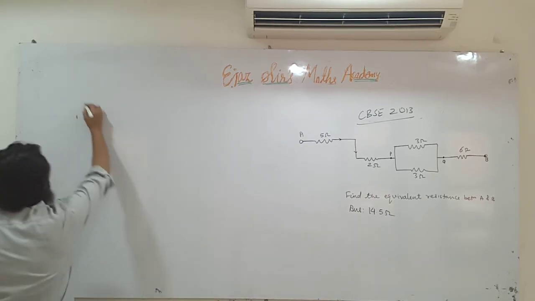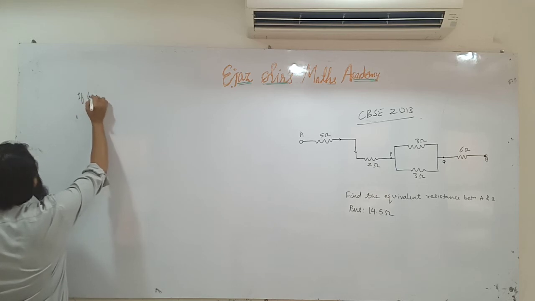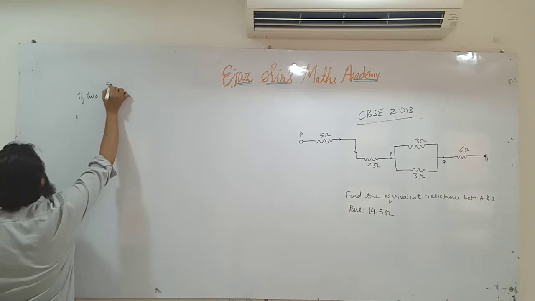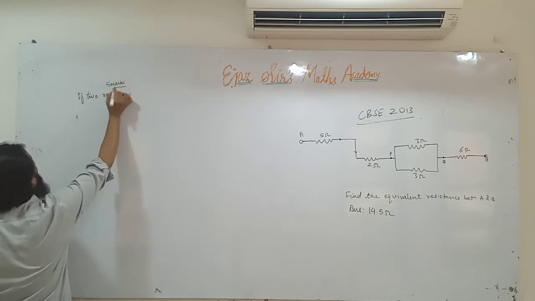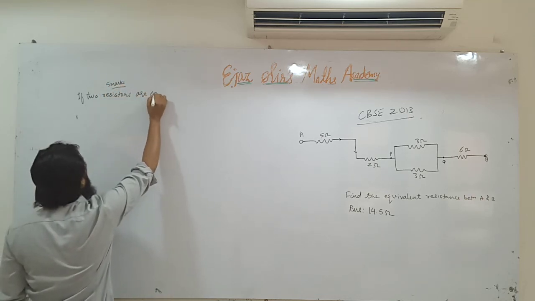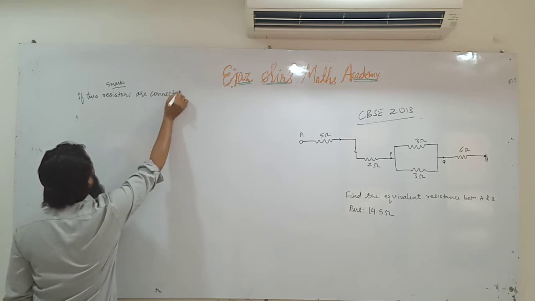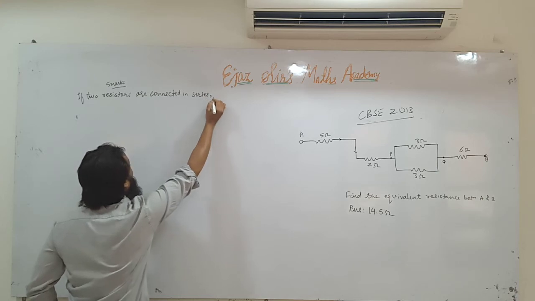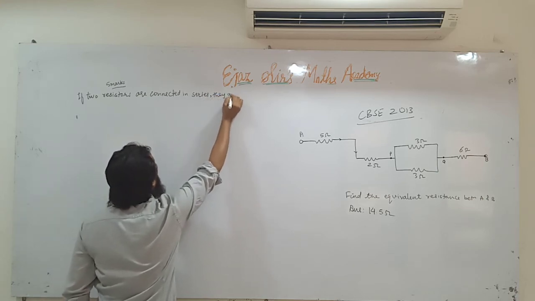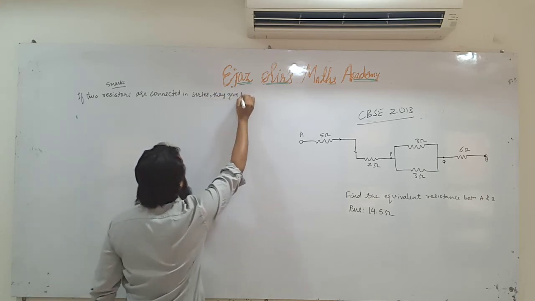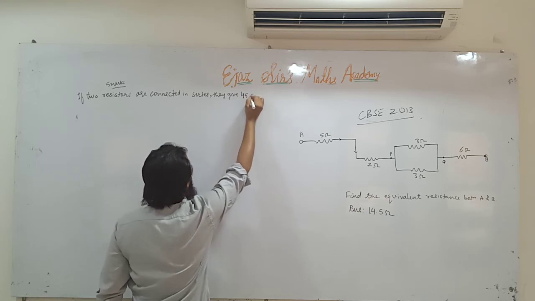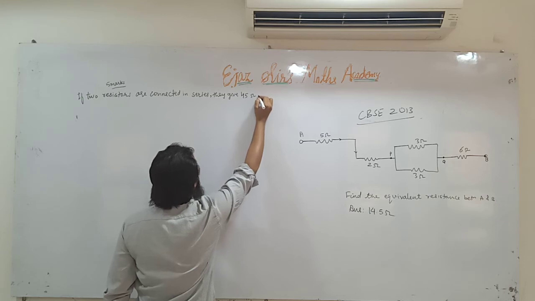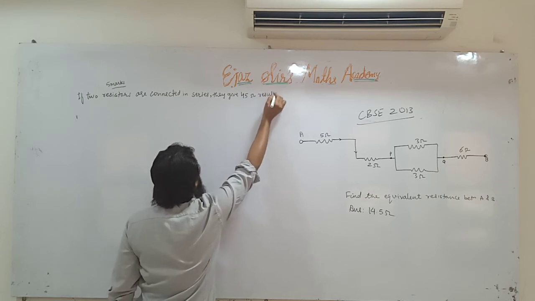See, if two resistors are connected in series, they give 45 ohm resultant resistance.